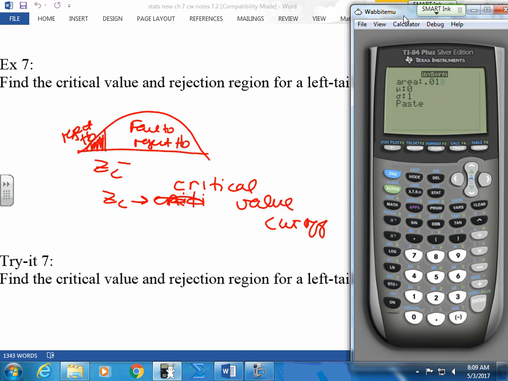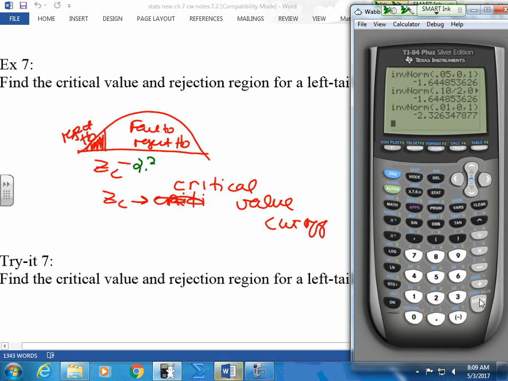It's just a little 1% that's sitting right there. I find my thing, and it's negative 2.33. And we knew it would be negative, so that's my critical value. When I test my z-score like I normally do, it's either going to fall to the left of this or to the right of this, and there's my decision. Okay? All right.